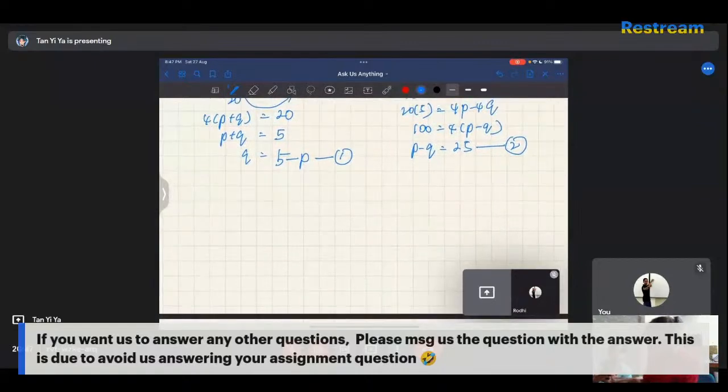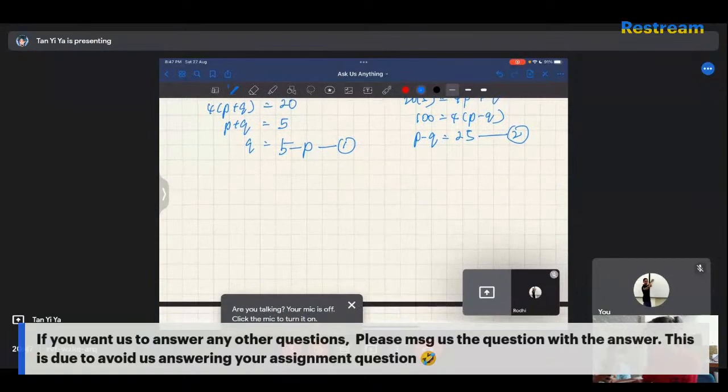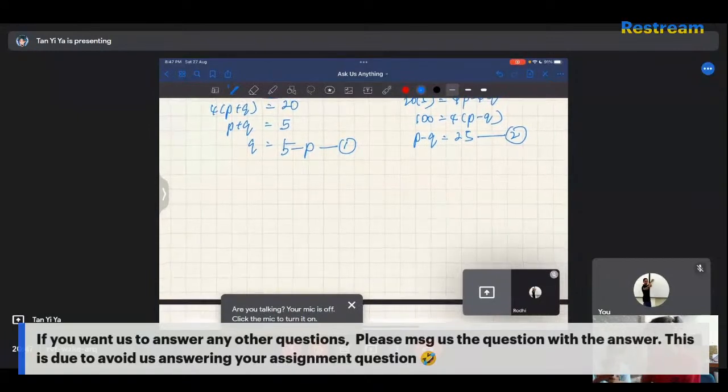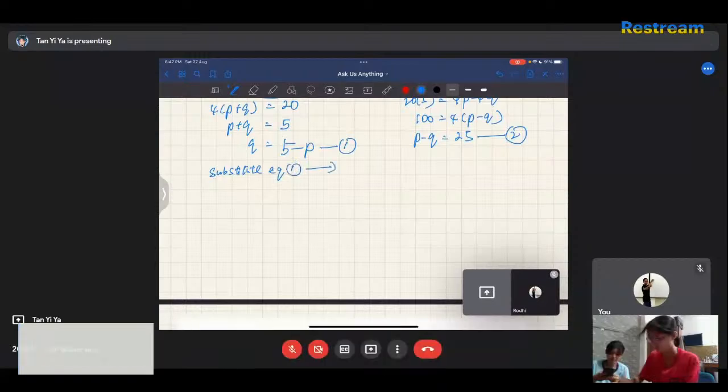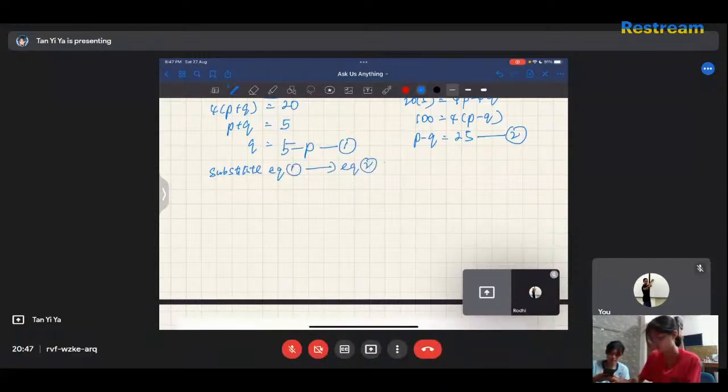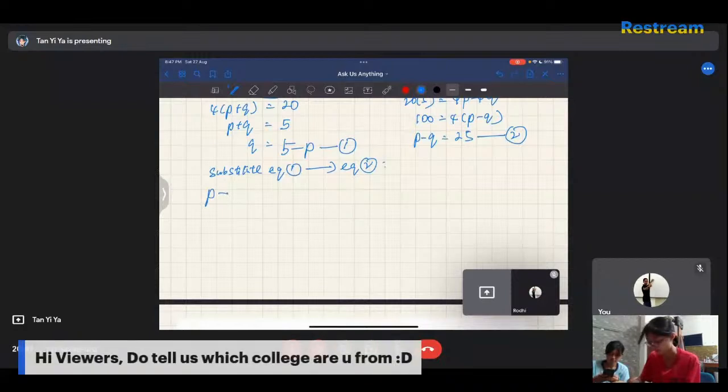To solve this equation and find the value of p and q, we should substitute equation 1 into equation 2. So p minus the value of q, which is 5 minus p, equals 25.